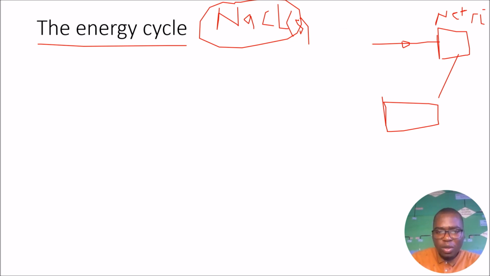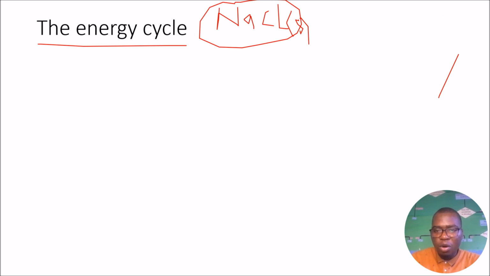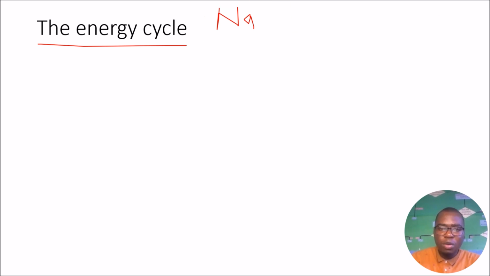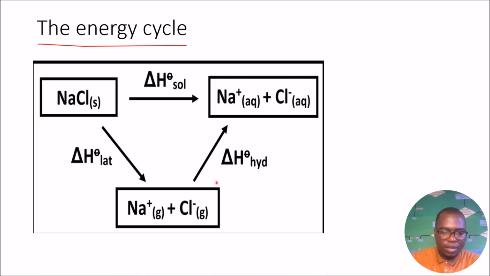Let us look clearly at what I've just talked about in a more reasonable diagram. I said you first write the ionic solid you have. If you add water, this is what you're going to come up with, and it is the enthalpy change of solution.